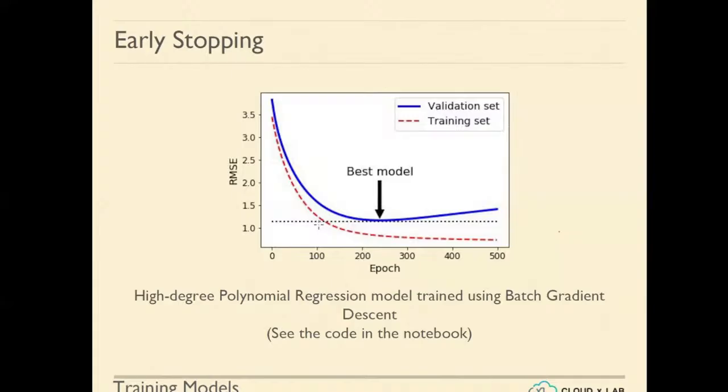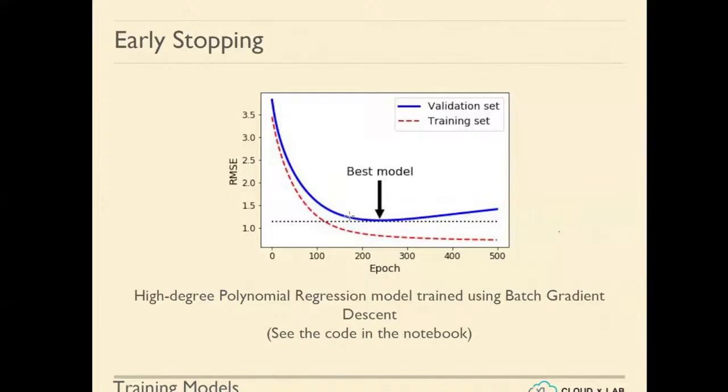Now at epoch 101, again you will do the same thing. You will calculate the validation error, the training error, and store the model that you have at epoch 101, right? So likewise, in each epoch, you will calculate validation error, training error, and store that model, right?